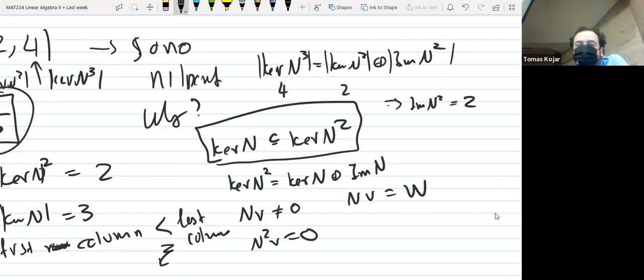That's 2, but it's also the kernel of n, which is 1. So that's another. Why is the kernel of n squared contained in the kernel of n? Because n cubed is 0. So no, n cubed is not 0. Yeah, this is the whole space. That has nothing to do with the kernel of n. Yes, and?